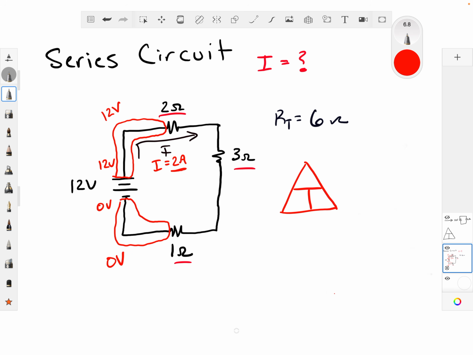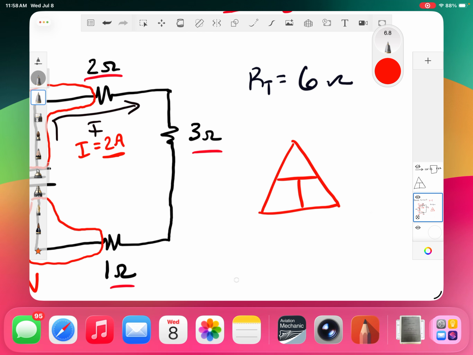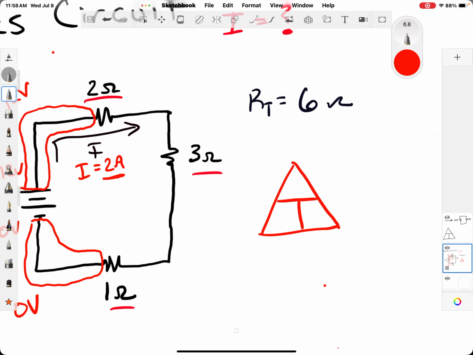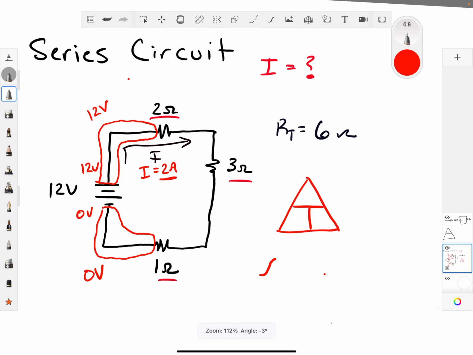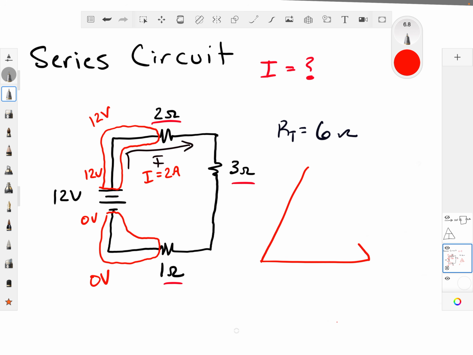And we also know the resistance of that resistor is 2 ohms. So if I went ahead and used the Ohm's law triangle again, so here we go, I just want to draw it a little larger.